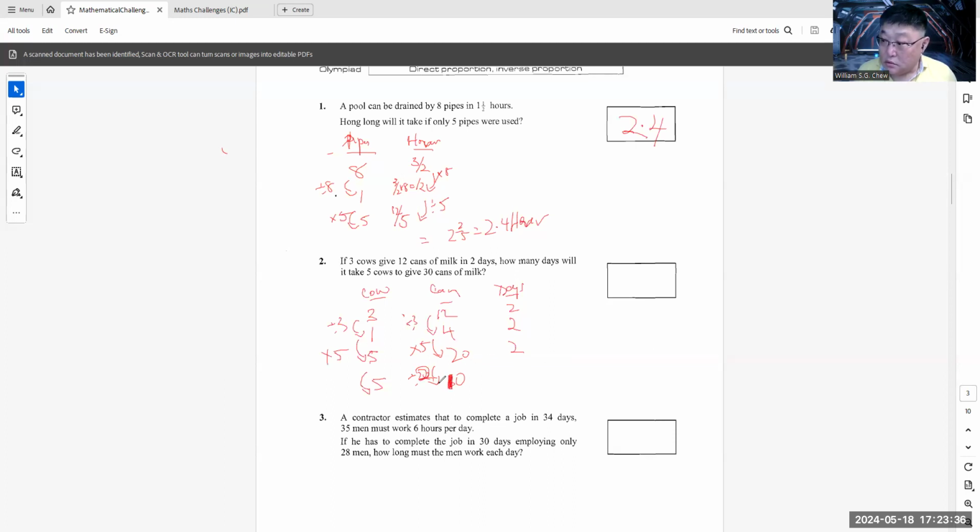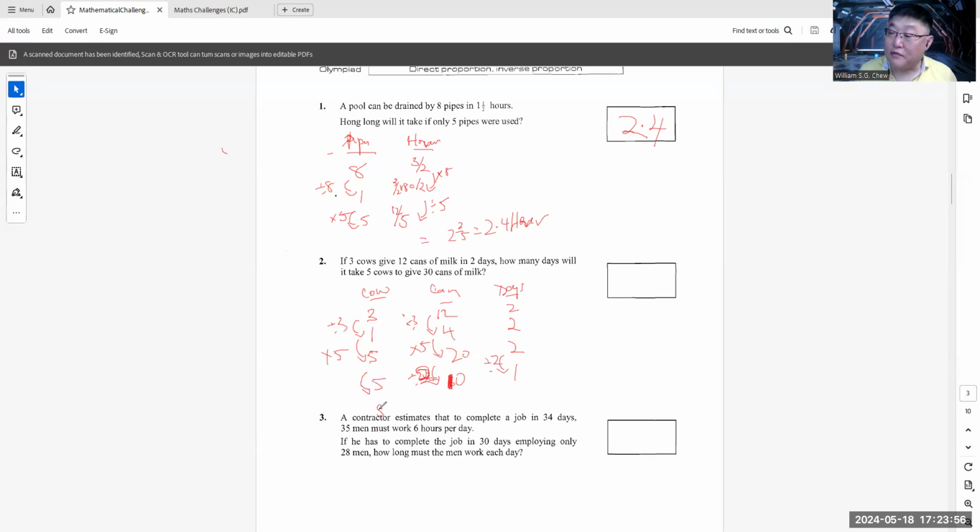And the days now are also directly proportional, right? Divide by 2, I get 1 day. So 5 cows will give me 10 cans in 1 day.